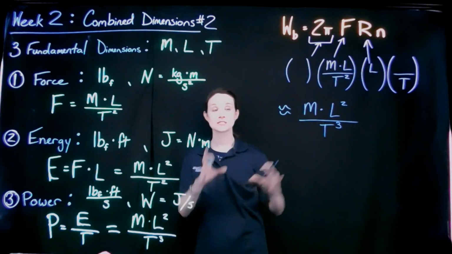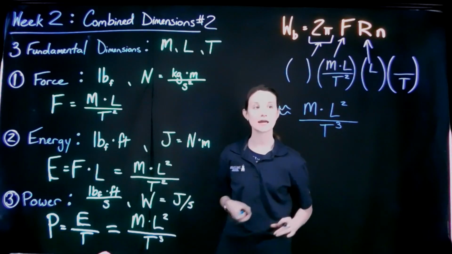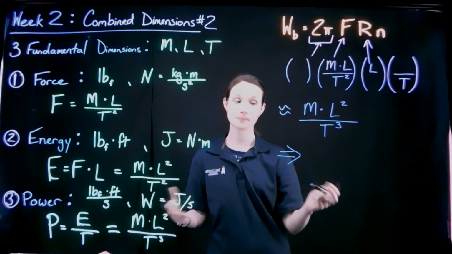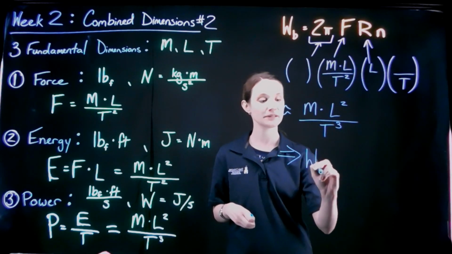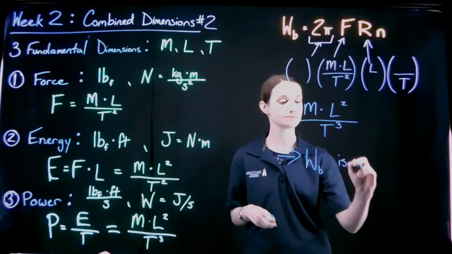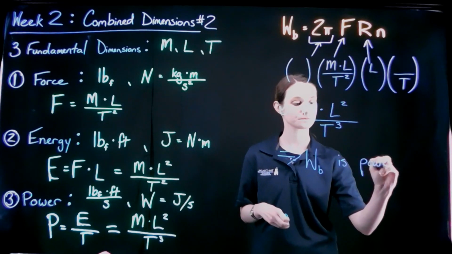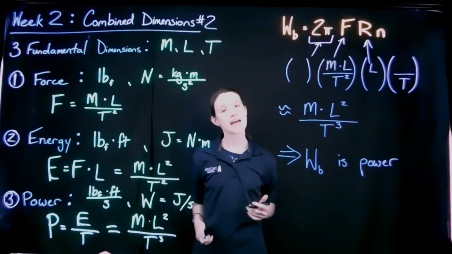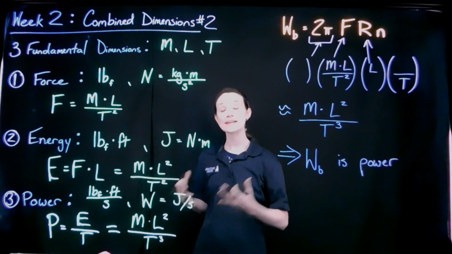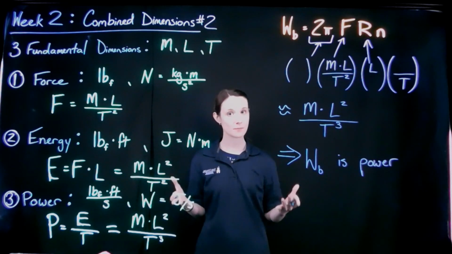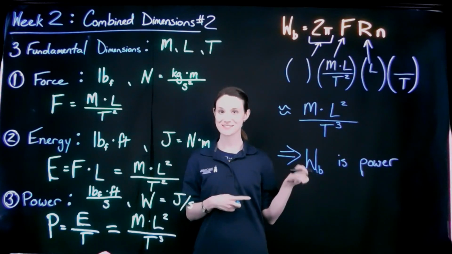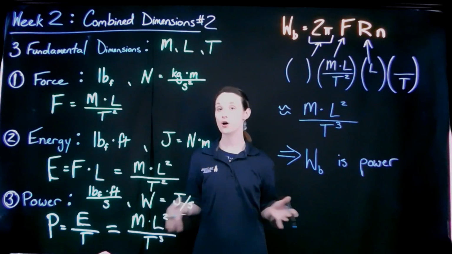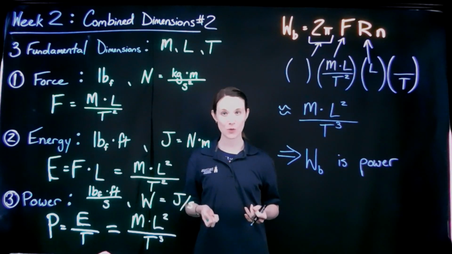Combining these dimensions, looking at my reference values, this means I would expect that WB is a power. In this case, it is. This is actually the equation for braking power. Whenever you step on your brakes in your car, this is telling you how much power the brake is exerting. All right, good luck on your homework problem.